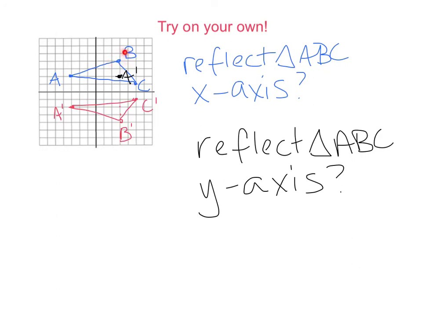Similarly, here's B. Okay, B is 3 away. So we go over and we'll make B prime right here. C is a little bit further, 1, 2, 3, 4, 5 away. So we will mark C prime right here. Great. And there we go.